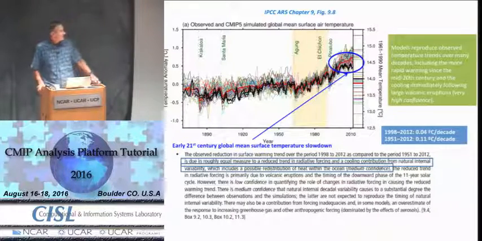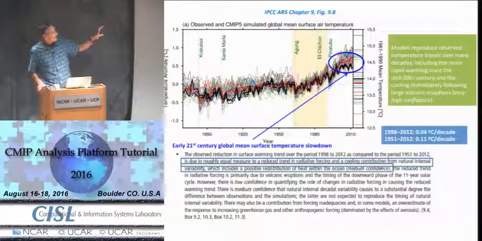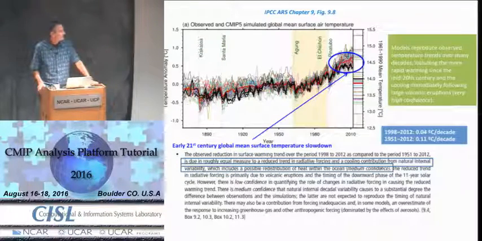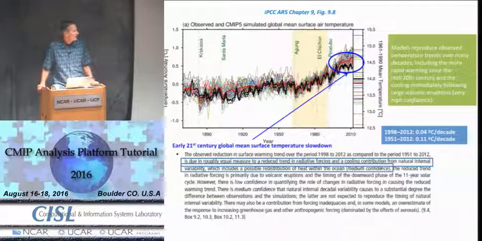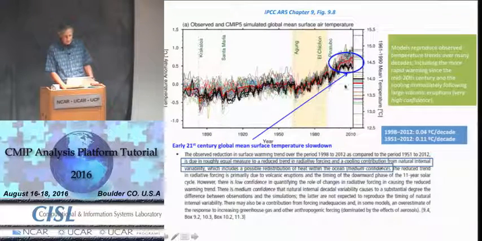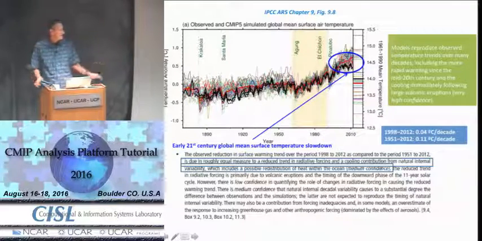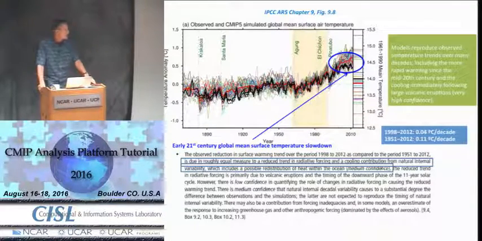You notice there are multiple observational data sets, these heavy dark colored lines, and you can see there's some spread in the observations. The question was this so-called early 2000s slowdown. And you can see that the observations are on the lower end of this spread of the ensemble members. And so this has sometimes been called the early 2000s hiatus.